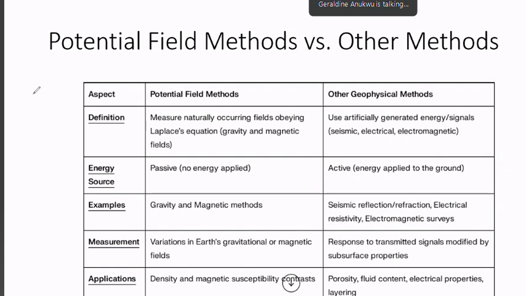I'm asking you the difference between the potential field methods in geophysics and other geophysical methods. So give me my answer the way I have asked you. Please go ahead.